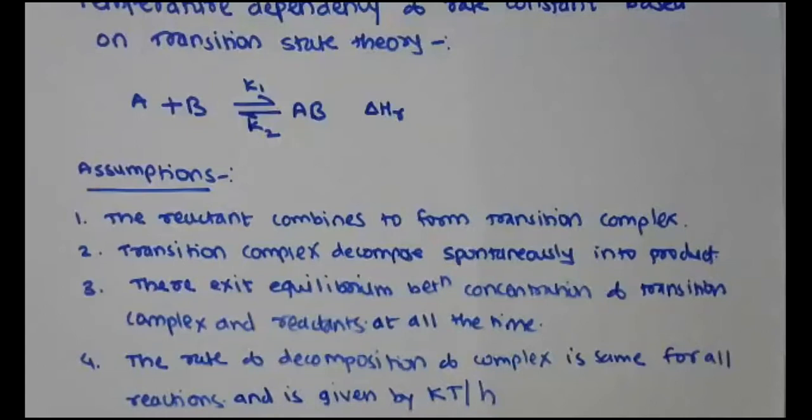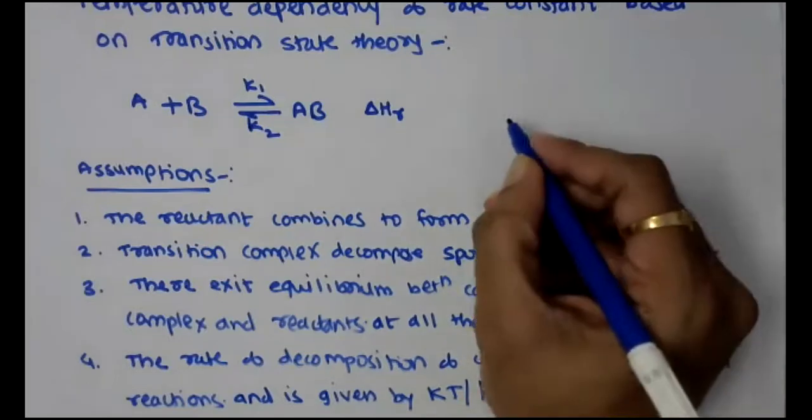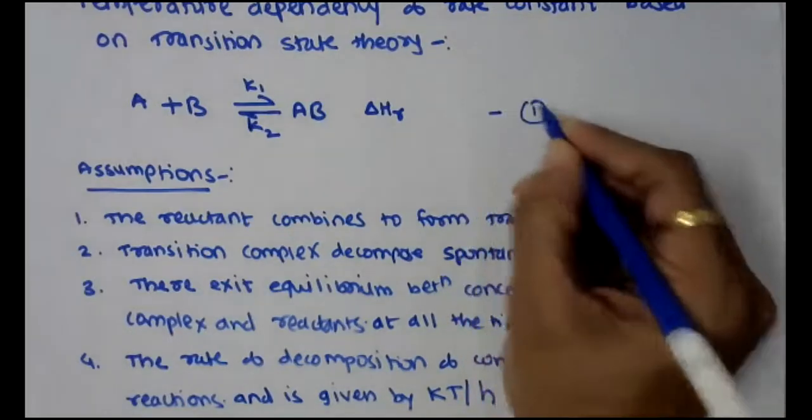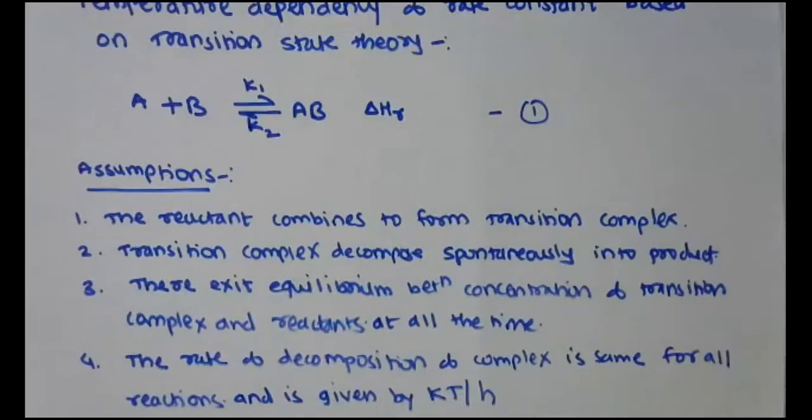Now what is kT by h? k is Boltzmann constant, T is temperature, h is Planck's constant, right? So let us consider this as equation number 1.